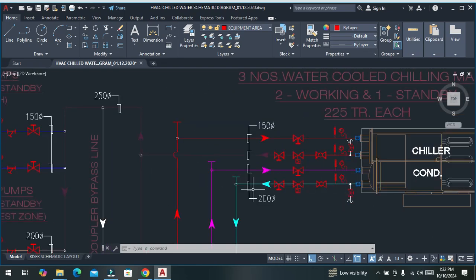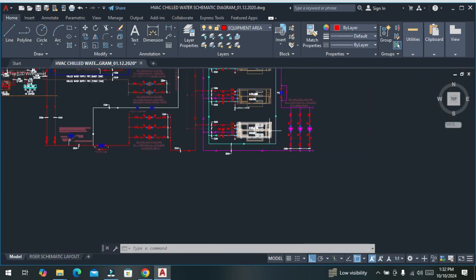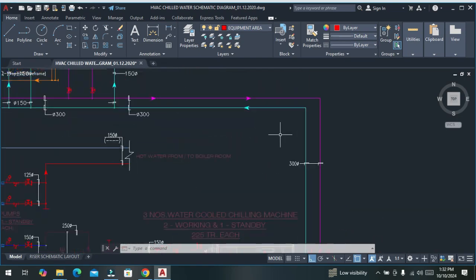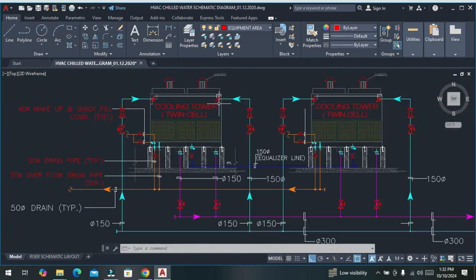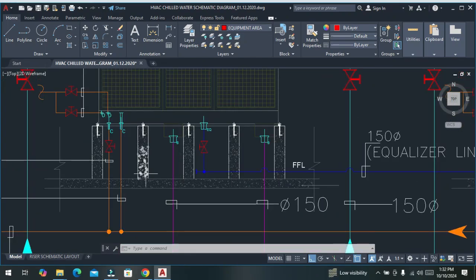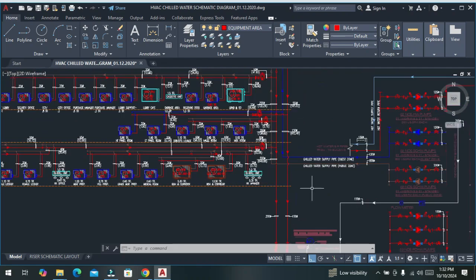This heated water goes again towards the cooling tower to get cooled. So this process repeats again and again.